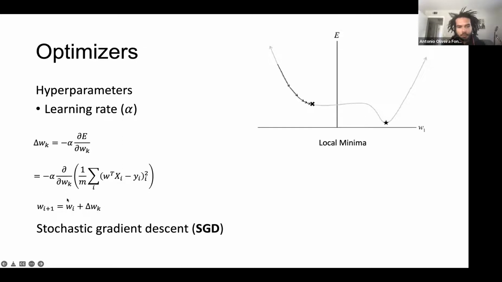Then we compute these partial derivatives, which essentially tell how much the error, or more specifically the mean squared error, is changing with respect to small variations of the weights. We use that to do updates on the weights that we're going to use for the next iteration.